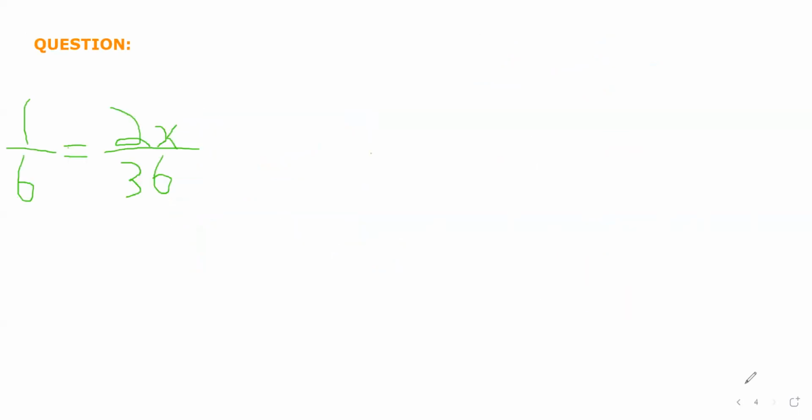One more, just to make sure we understand. Normal cross multiplication: 2x by 6 is 12x, and 36 by 1 goes on the other side, 36.